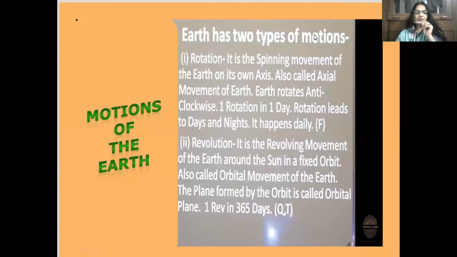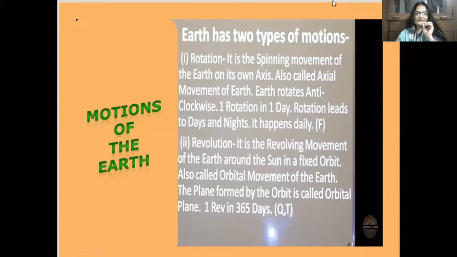Rotation is the spinning movement of the earth on its axis. It is also called the axial movement of the earth.